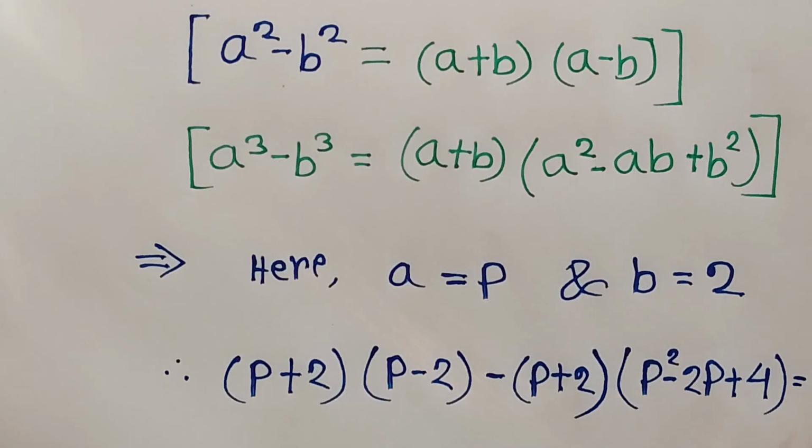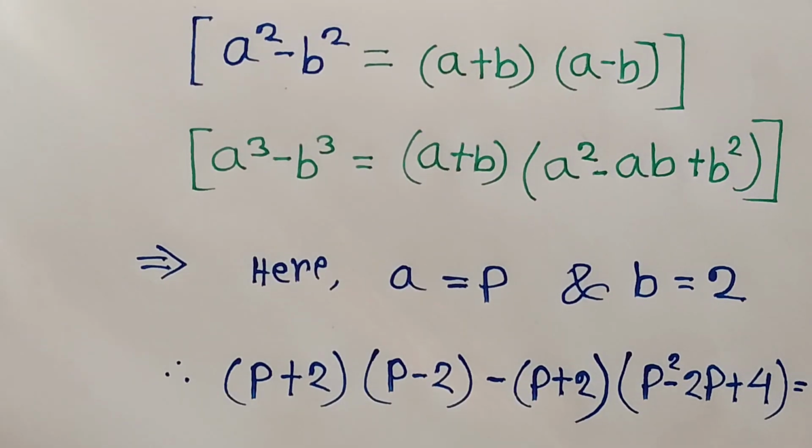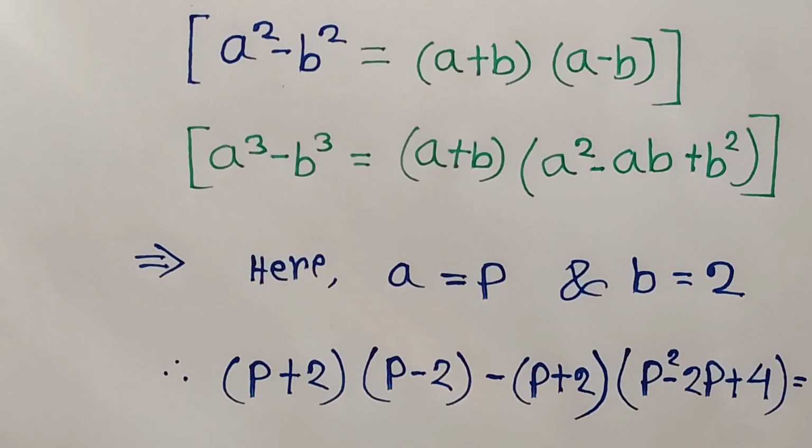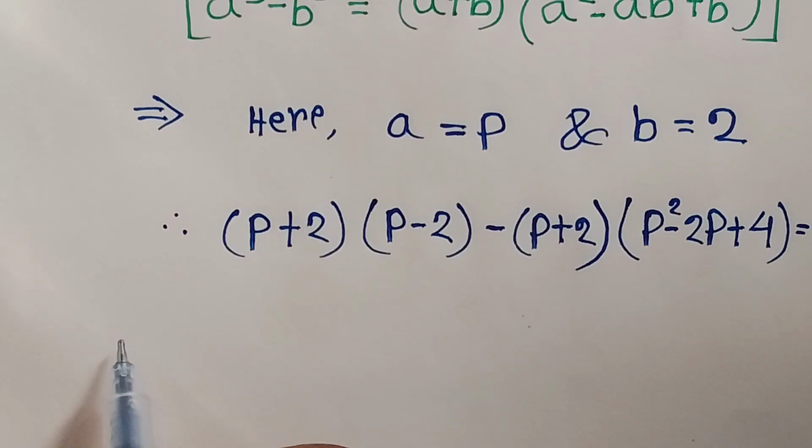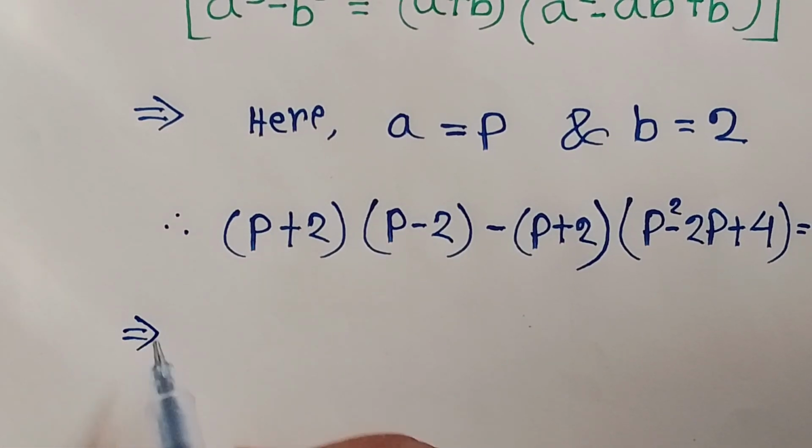We can easily write 4 equal to 0. So after that, from this exponential equation, we can easily take common here p plus 2.